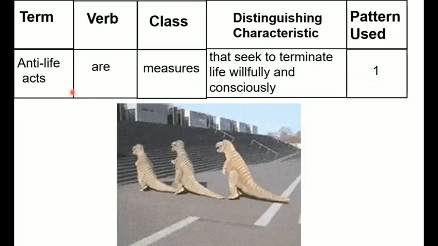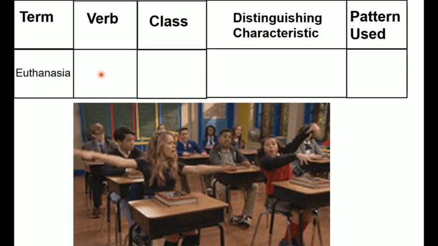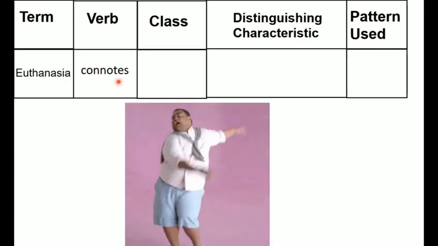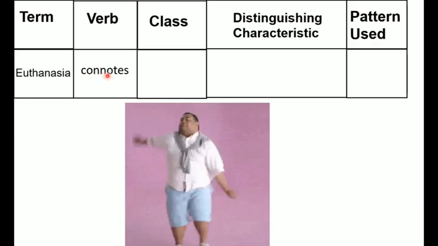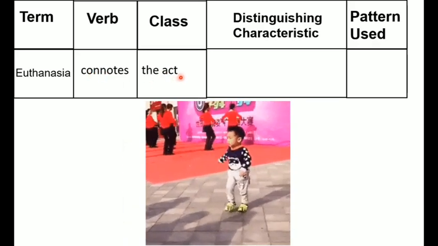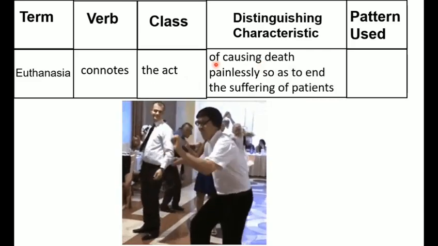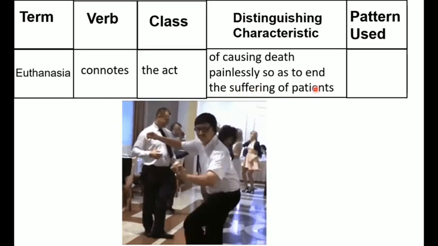Okay. Next term, euthanasia. The verb here is connotes. This is what is in your module. Just follow along. And then, class is the act. Distinguishing characteristic is of causing death painlessly so as to end the suffering of patients.